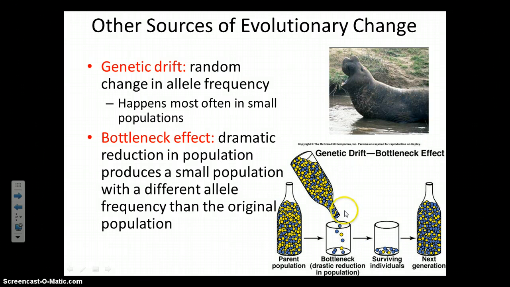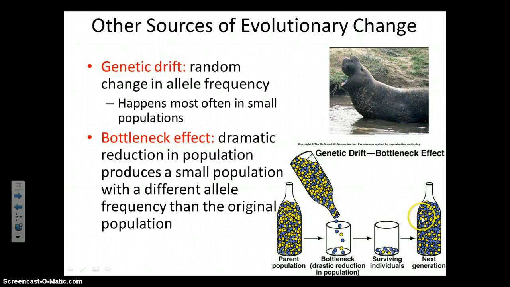It's just at random which individuals survive versus which don't. And so that's why we're showing this bottle just randomly pouring out a few of the alleles from our original gene pool. So these surviving individuals then are able to reproduce. And as they reproduce and form the next generation, you'll notice that this bottle has a lot more blue alleles in it than our original gene pool.